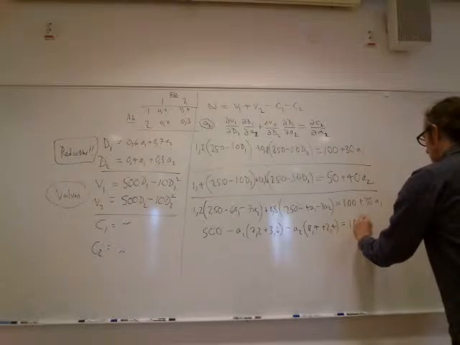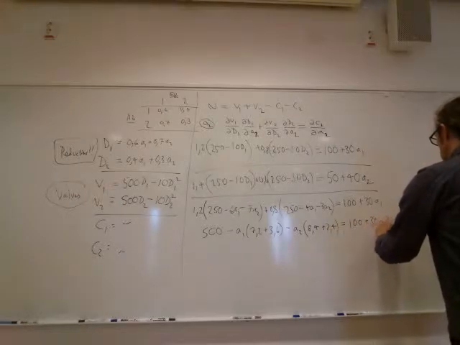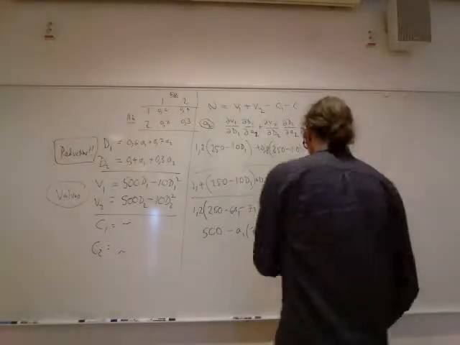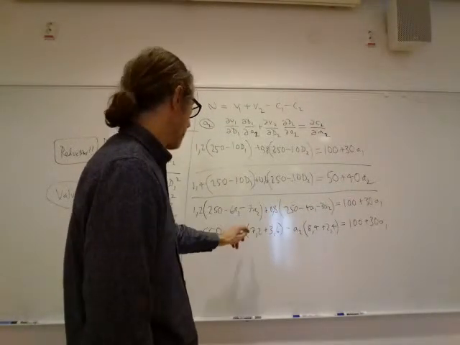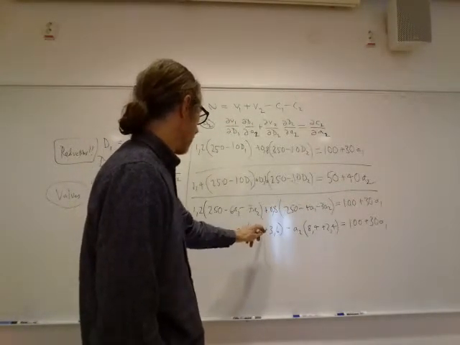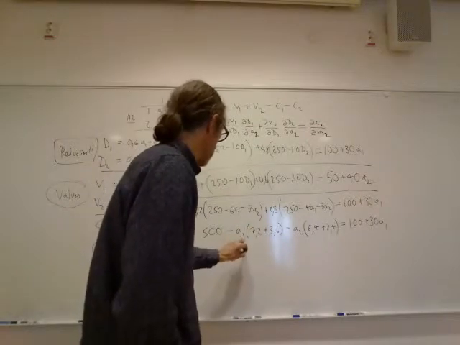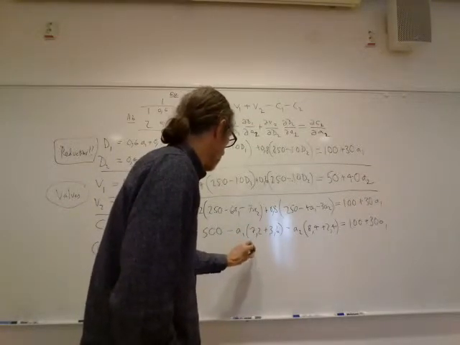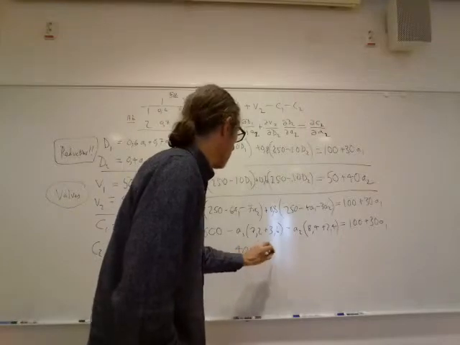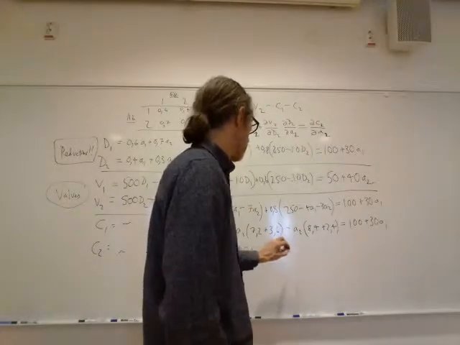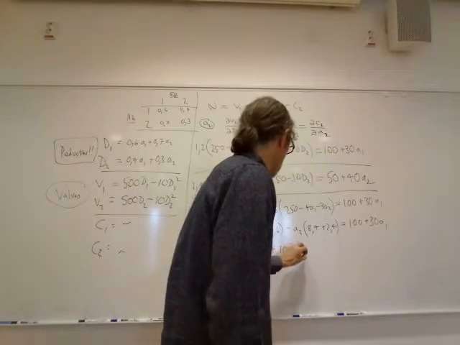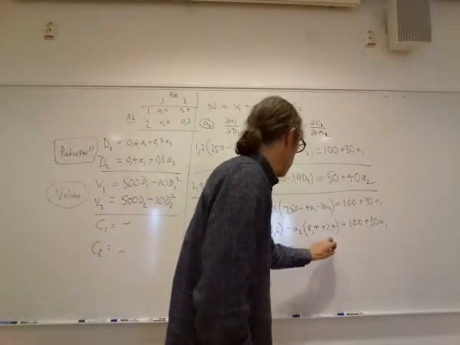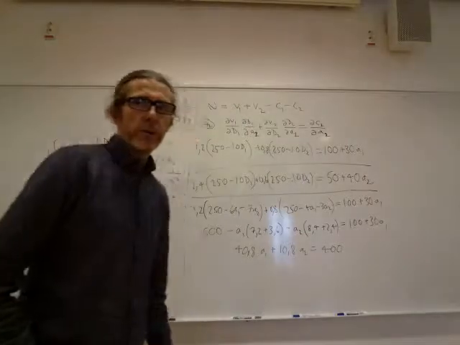Equals 100 plus 30A1. So 40.8 A1 plus 10.8 A2 equals 400.